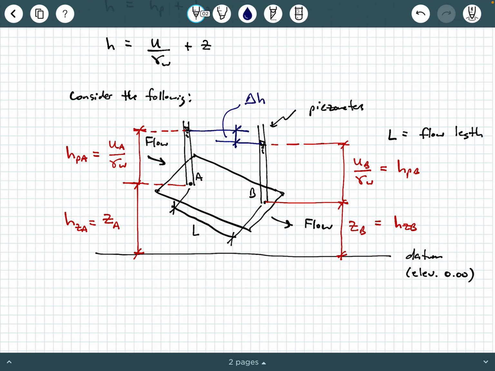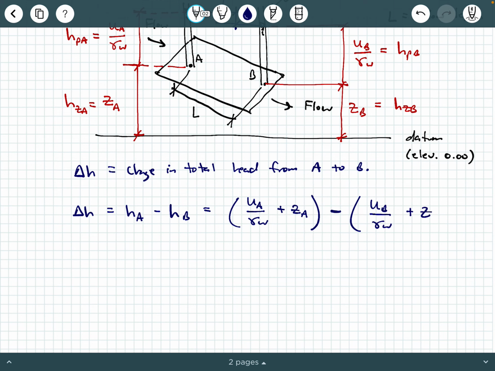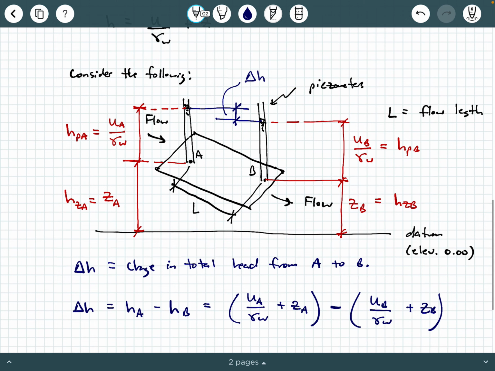We're going to call that delta H. So delta H is the change in total head from A to B, from point A to point B. So delta H is just going to be the total head at A minus the total head at B. So we can package this together by saying UA over gamma water plus Z sub A minus UB over gamma water plus Z sub B. All right. So literally we're taking this total dimension minus this total dimension.